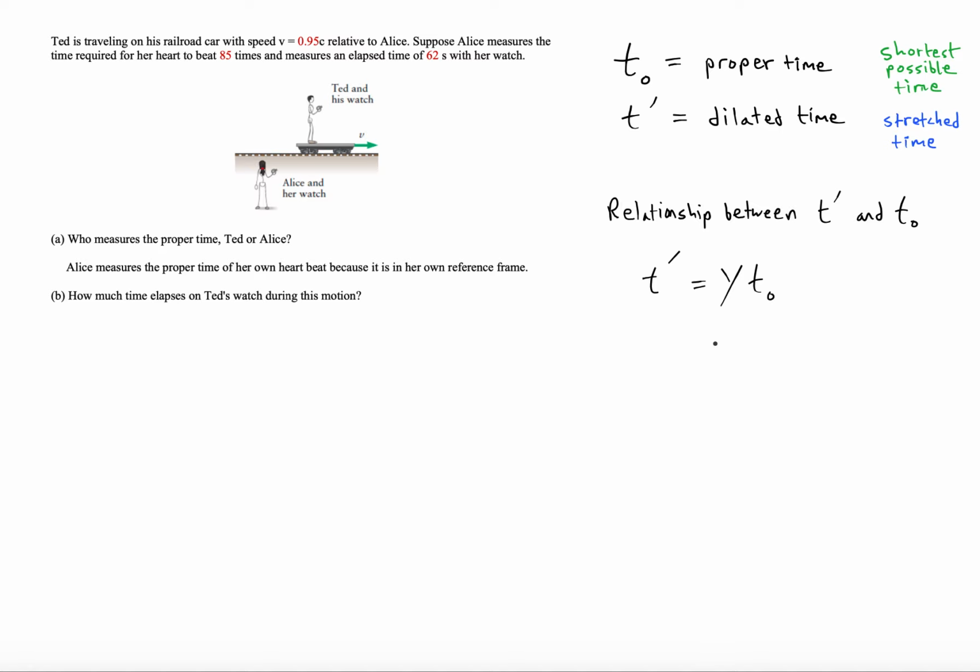All right, so gamma has a formula: 1 over the square root of 1 minus v squared over c squared, where v represents the speed of one reference frame relative to another.